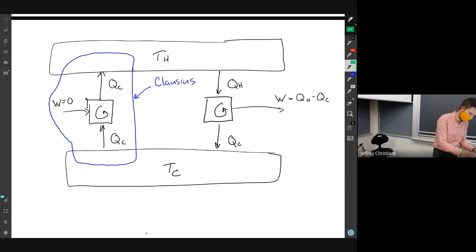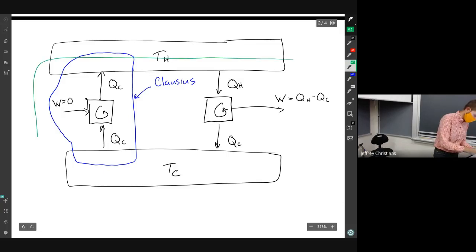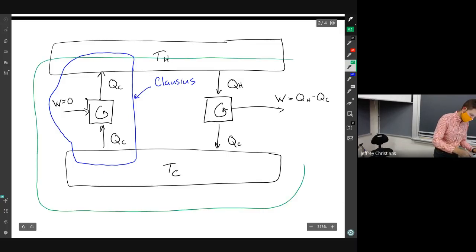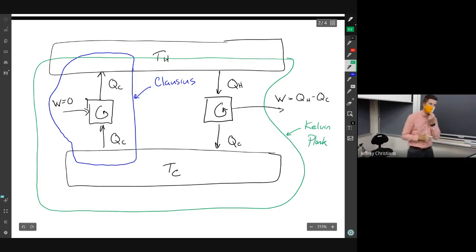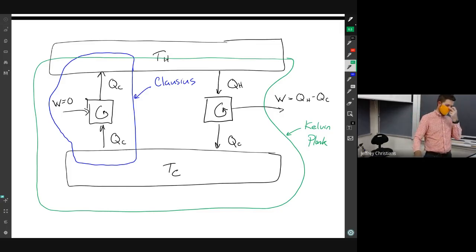This part is Kelvin Planck. Right, if we remember back, Kelvin Planck said that we can't have a black box that takes heat from a high temperature reservoir and turns it directly into work.